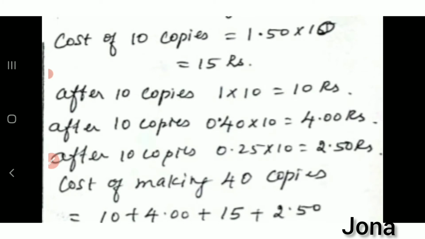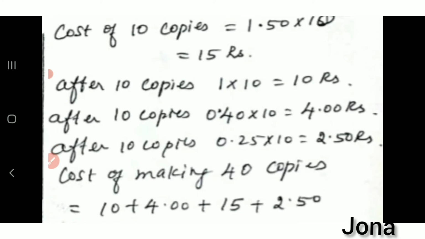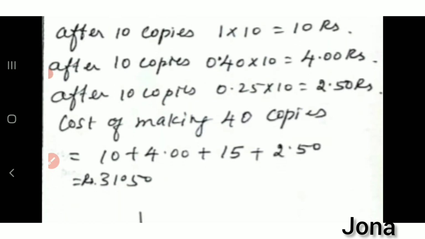So, totally for making 40 copies is 10 plus 4 plus 2.50 plus that first 10 copies is 15 rupees, isn't it? That 15 also we have to include there. So, totally we have 31 rupees 50 paise.